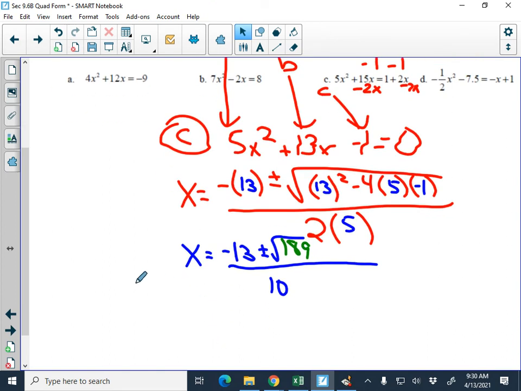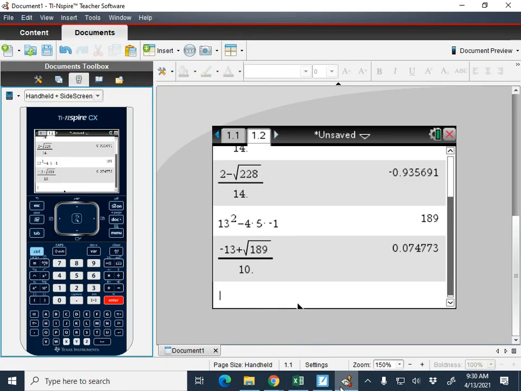10. That's 0.074. A little different than we normally get. Pretty small number, but it's there.